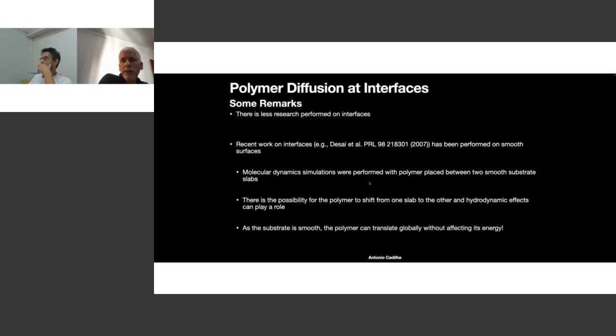Smooth substrates are very simple to simulate. On the other hand, they also have problems. One of them is that shifting the polymer along the substrate does not change the energy. So there is no energy barrier for that.